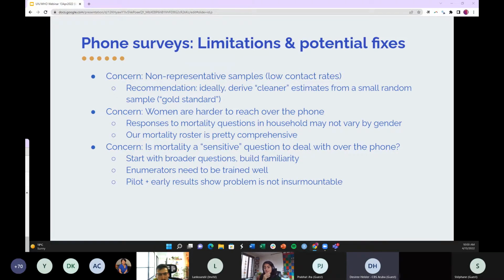And finally, is mortality a sensitive question to deal with over the phone? I know that some people have raised that question, but we think that if you start with broader questions, build familiarity, and train enumerators well, our experience shows that this is not an insurmountable problem.